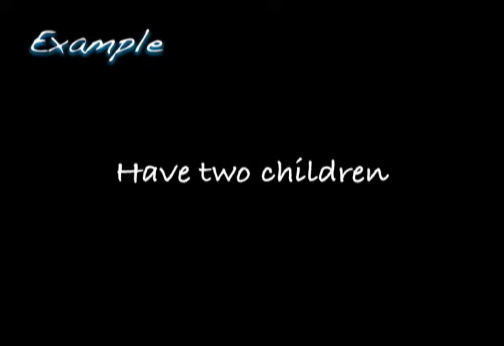For example, if you toss a coin, you can make an observation from that process. If you have a child, this is also a process in which an observation can be made. If you have two children, this is also an example of an experiment in which an observation can be made.